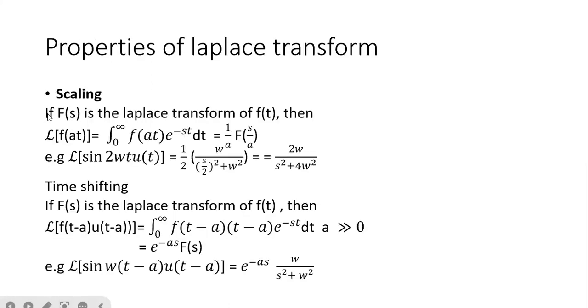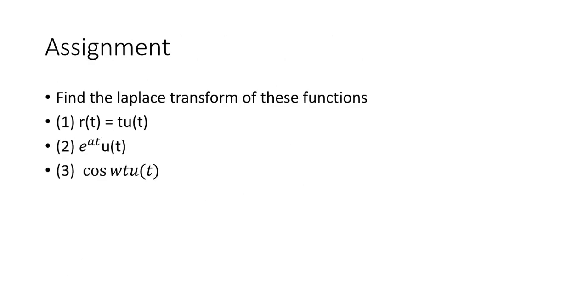What is that going to give to you? Well, I bet you try it. At the end of the day, you're going to be having something like s all over s squared plus omega squared. That's quite interesting. So you just go and give it a try and let's see what you are going to have at the end of the day.